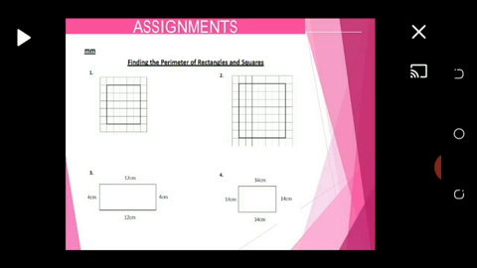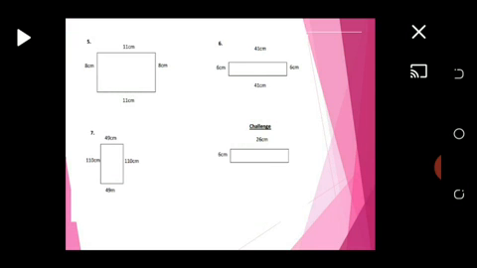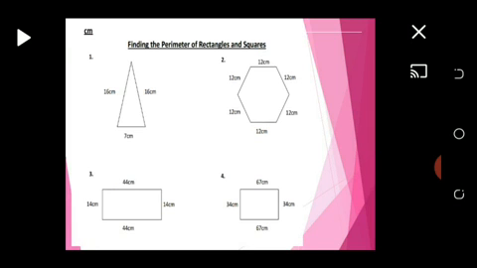I want to leave it as an assignment so that I will see your IQ. Go and check how to convert this. This is given to you in centimeter, but I want your answer to be in millimeter. Let your answer be in millimeter.